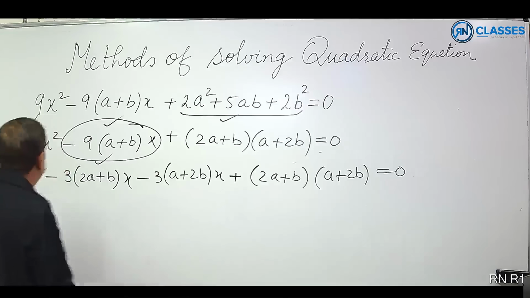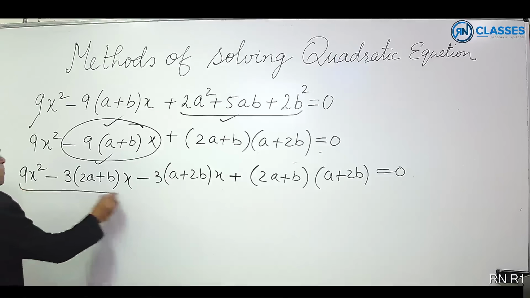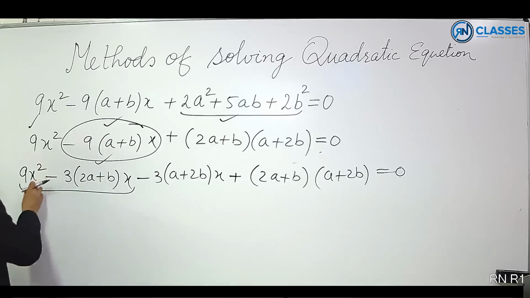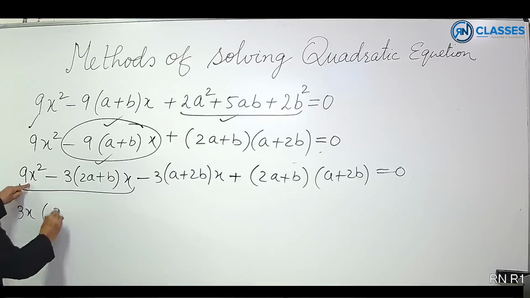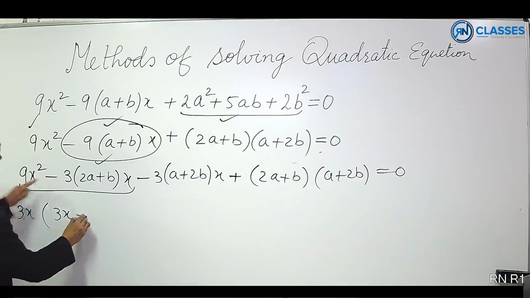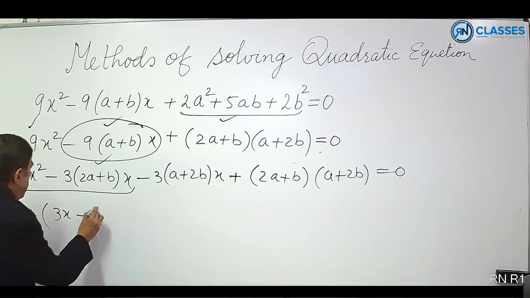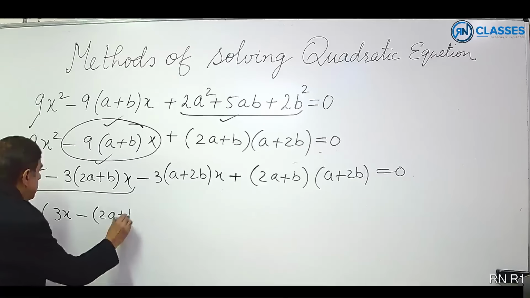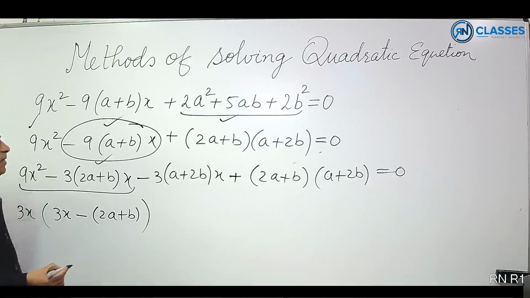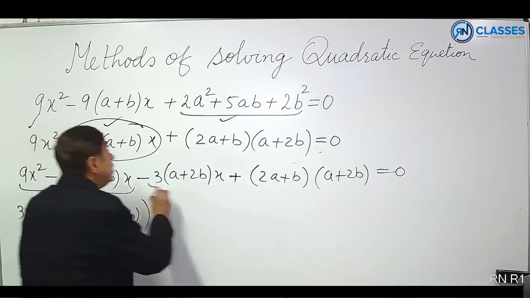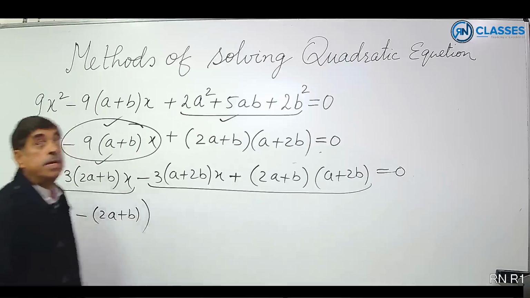After splitting the middle term, take common from these two. x is common. Any other thing? 3, 9. 3 is common. So 3x is common. What is left? 3x minus 3 common. Then what is left here? 2a plus b. Alright? Now, from these two terms, again I have to take common.